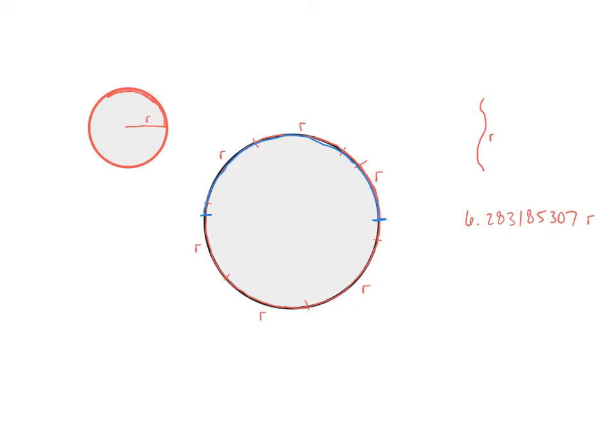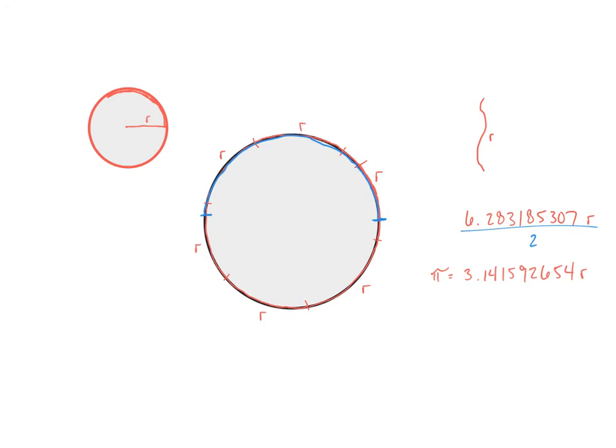So if 6.28 is a full circle, and I divide this by 2, then that'll tell me how many radii exactly it is I need to go halfway around the circle. And that comes out to be 3.141592654 radii, and that's a number that we're all familiar with. That's pi.